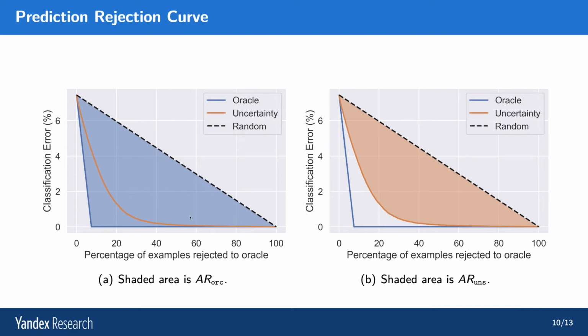Now, you can't compare these lines across different models because they start at different places, but you can compare the ratio of the areas across models. If you consider this yellow area here on the right, and the ratio of this area to the area between the blue curve and the black line, then this ratio will be 1 if the uncertainty rejection yellow curve matches the oracle curve, and if it is completely random, the ratio will be 0.